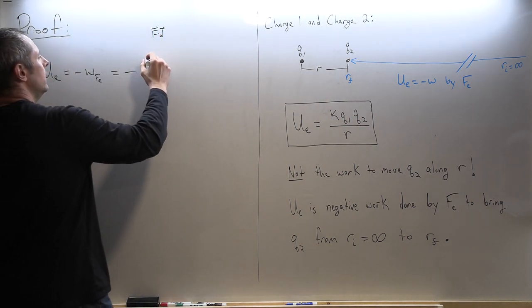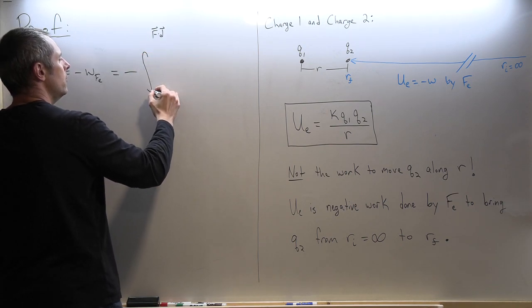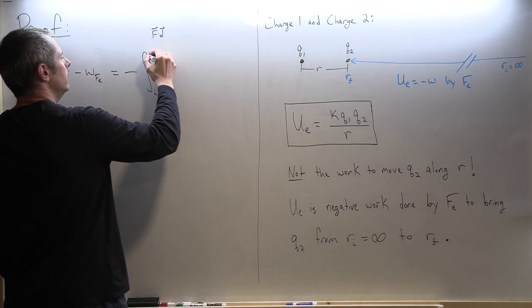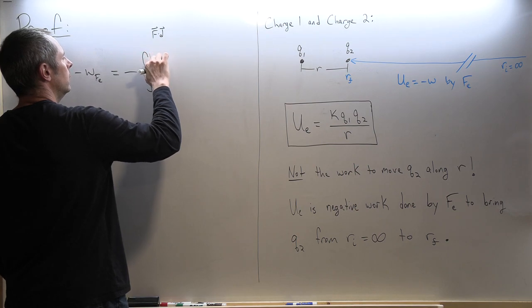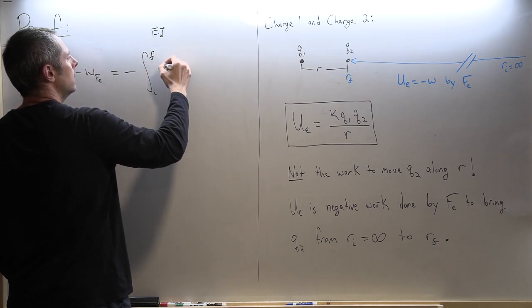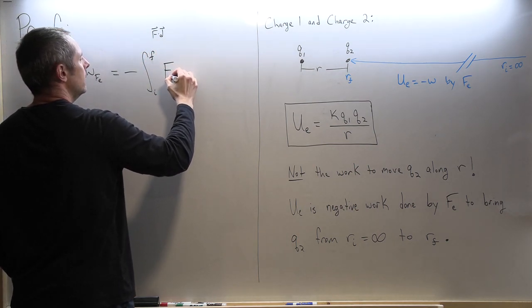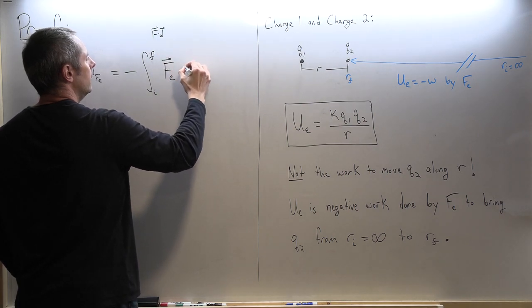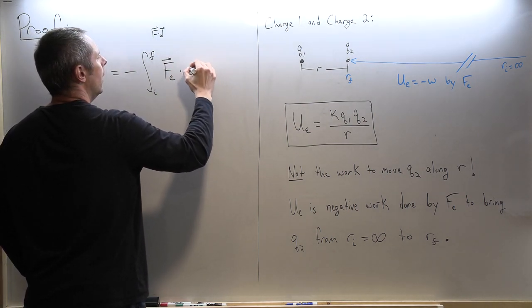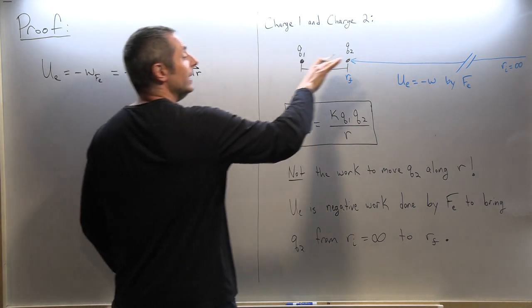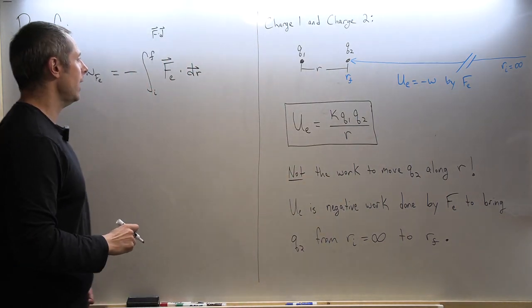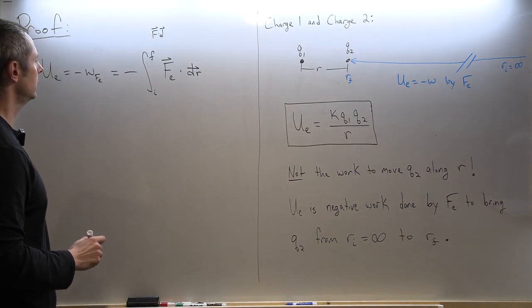So minus the integral from initial to final F E dot dr, because we're moving in the radial direction, not along the x-axis, but along the radial direction.